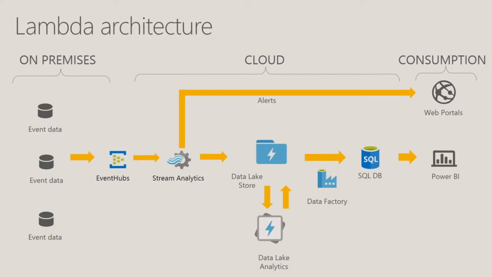You see data is being streamed in through Event Hubs. We are using Azure Stream Analytics to archive that data to Data Lake Store. Azure Stream Analytics also allows you to set up alerts. So let's take an example where a sensor is sending data about the temperature of a device.